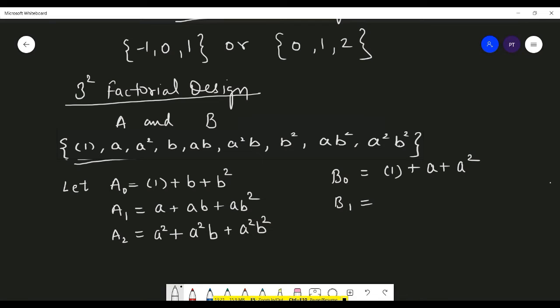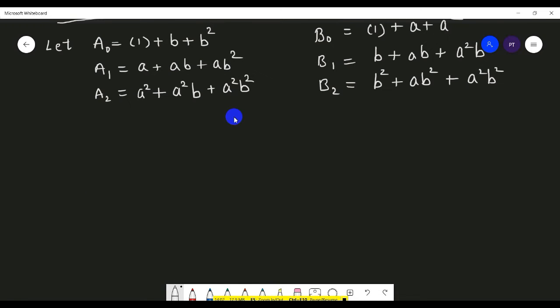So it is the sum of the treatment combinations b, ab and a square b, and B2 is the sum of the treatment combinations when factor B was at high level. So b square, ab square and a square b square.